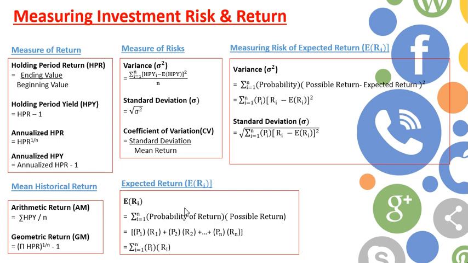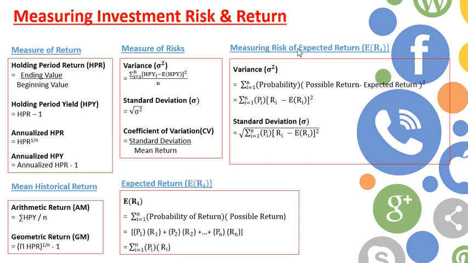However, if you have a probability of 1 for a certain percentage of return, you are quite sure you are going to get that return. So when you sum up the probability of return multiplied by the possible return, you get the expected return.